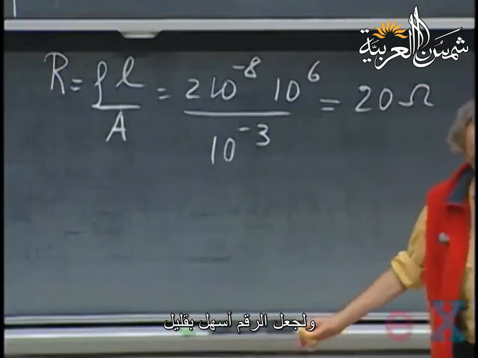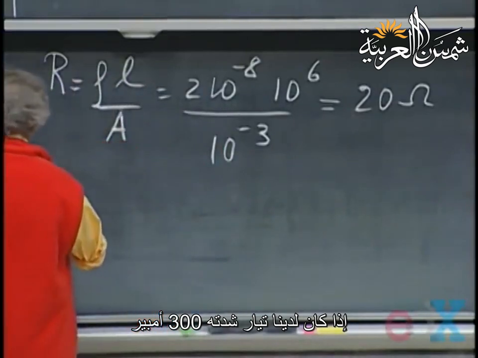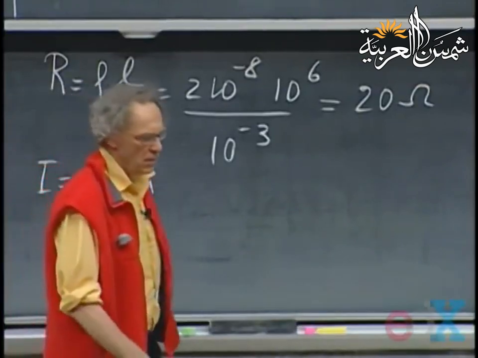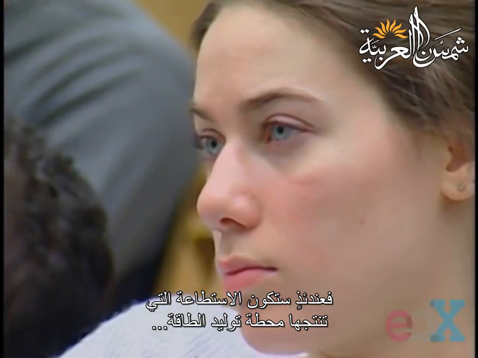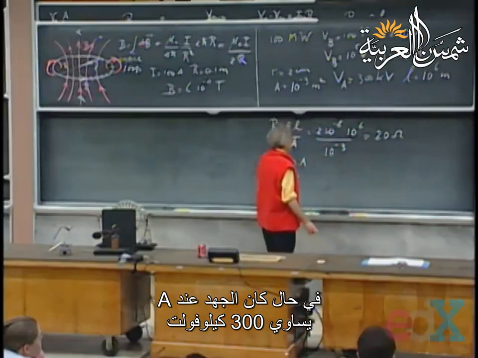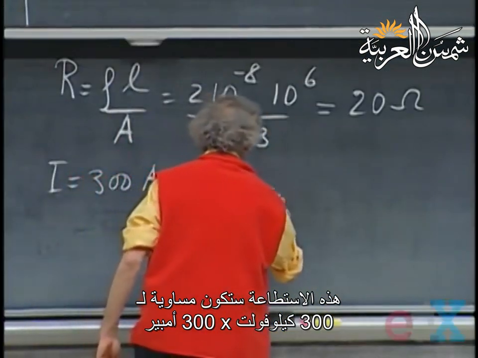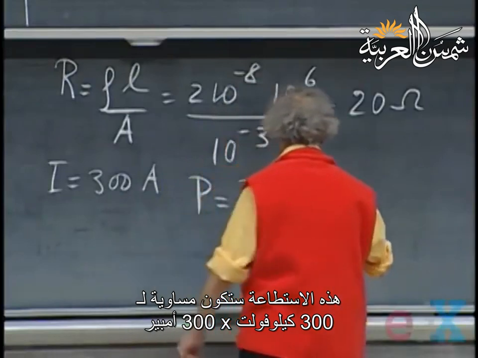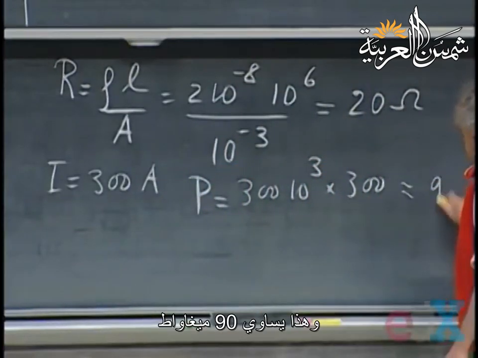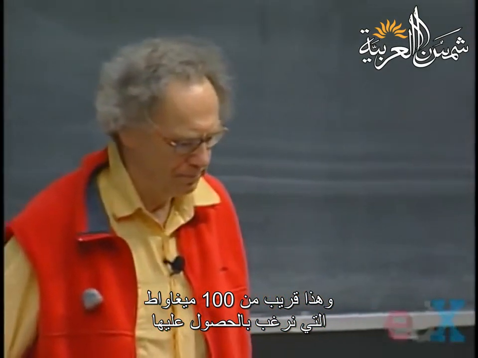And to make the numbers a little easy, if we have a current, say, of 300 amperes, then the power that the power station produces, if we take the 300 kilovolts for now, would be 300 kilovolts times the 300 amperes, and that is about 90 megawatts. That's close to my 100 that I had in mind earlier.